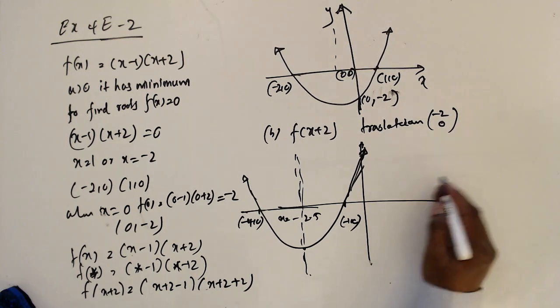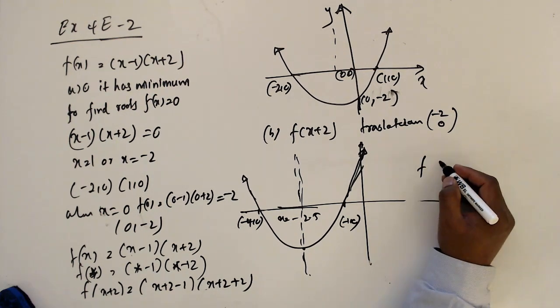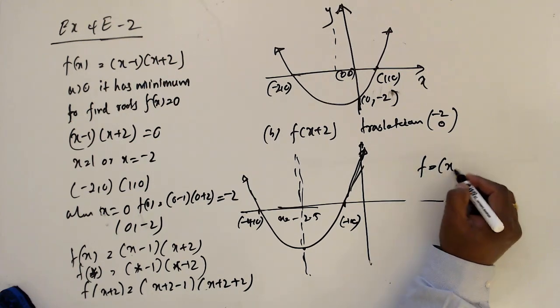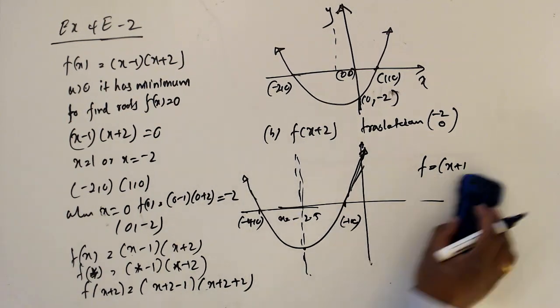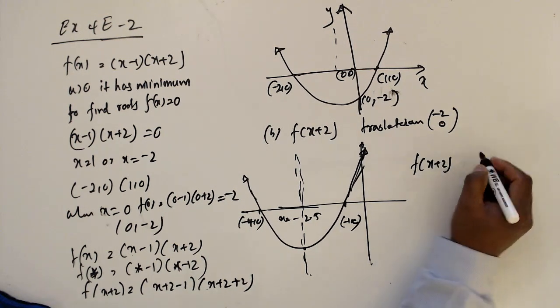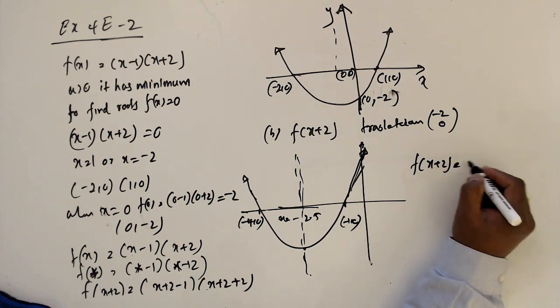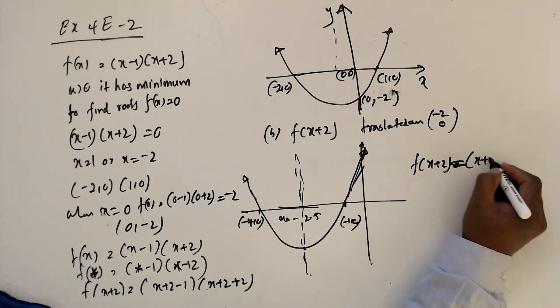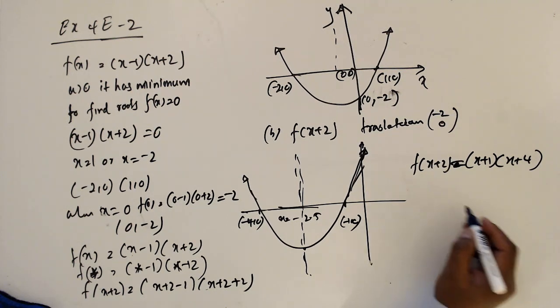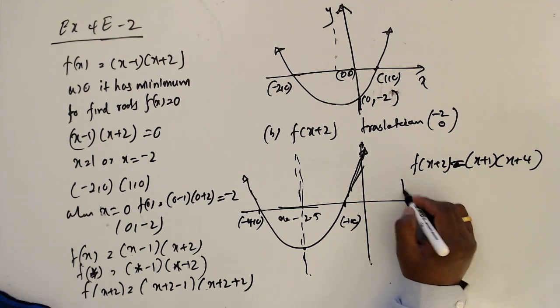So f(x plus 2) equals (x plus 1)(x plus 4). I will take this as h(x).